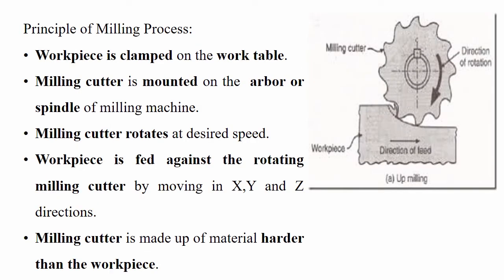So what are the principles of milling operation? Here a workpiece is going to be clamped. The workpiece is held constant in its position on the work table, and the milling cutter, or the tool, is mounted on the arbor or the spindle of the milling machine.